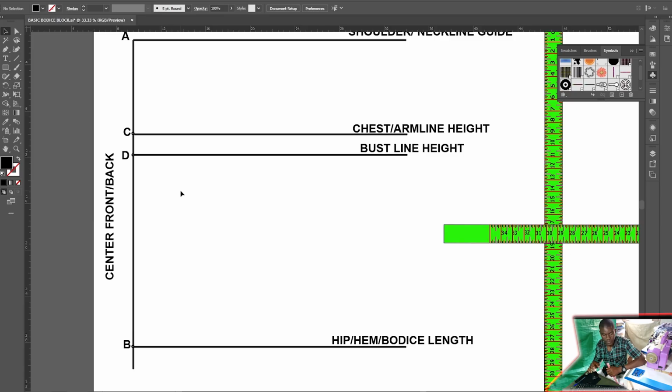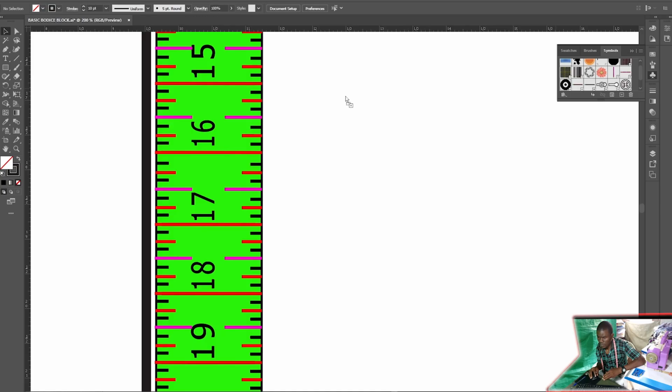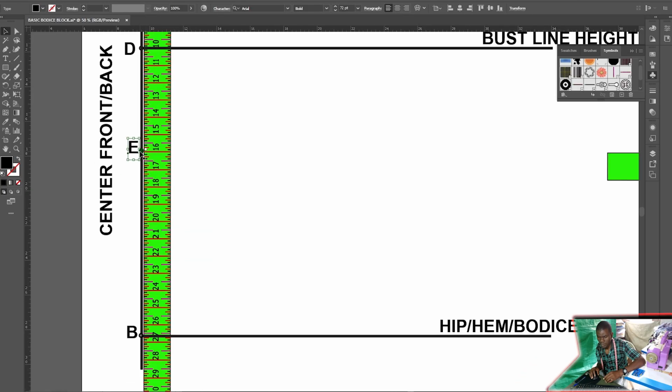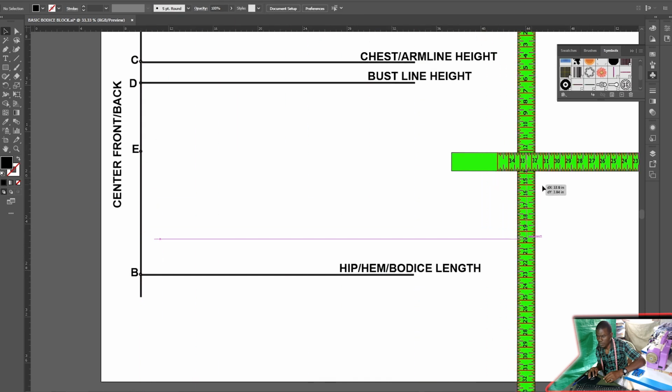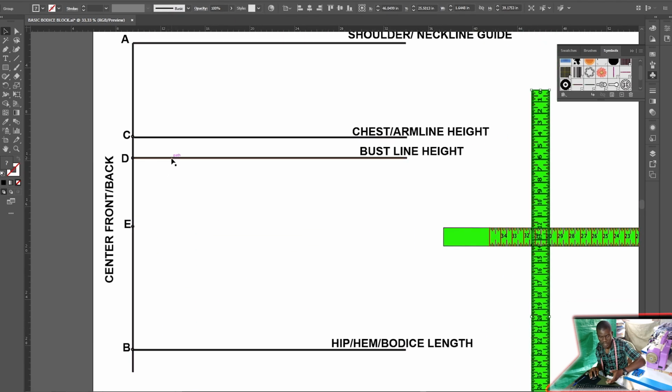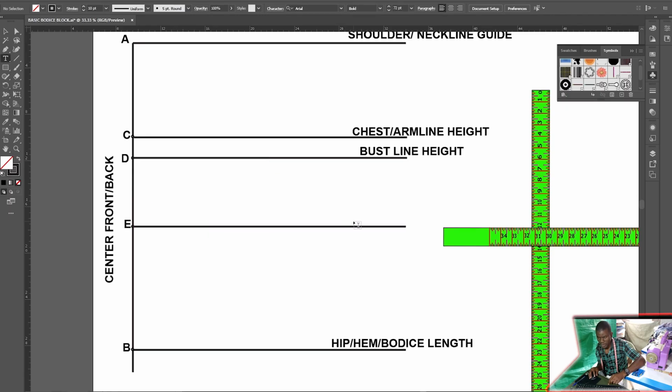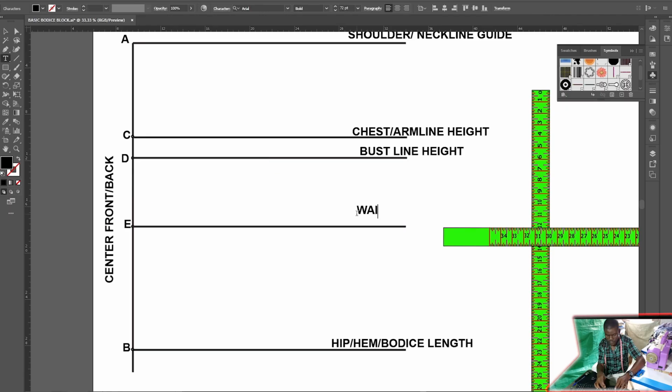So for this tutorial, we will be using our medium height average female adult, from the shoulders to the natural waist is 16 inches, and there we are going to label that point E, which is our waistline height. Then we mark this point E. We go ahead and square across a straight line. Then we label this our natural waist.